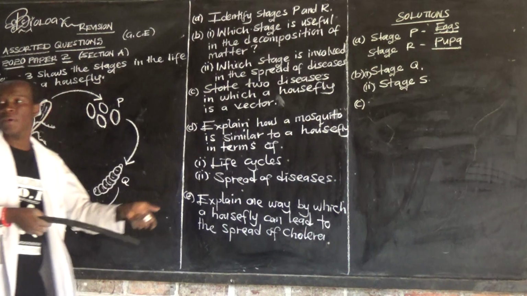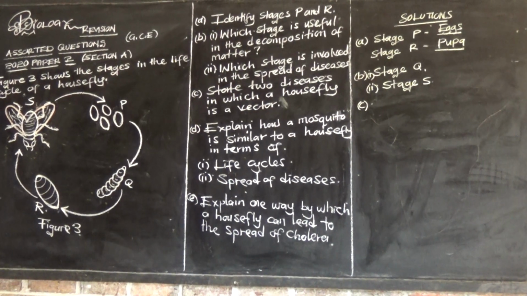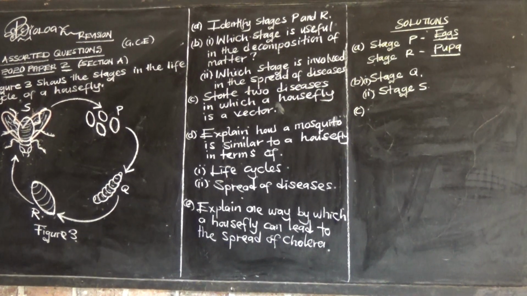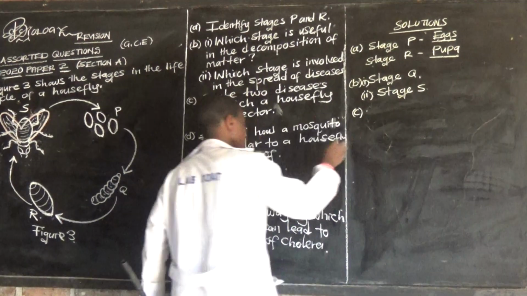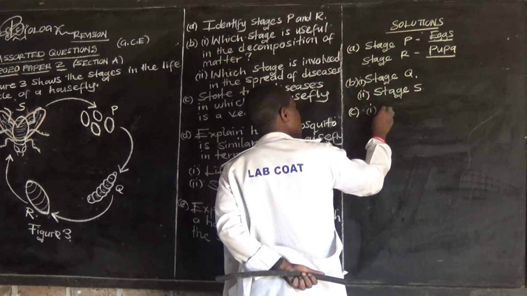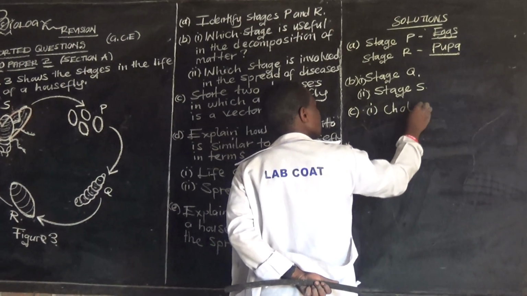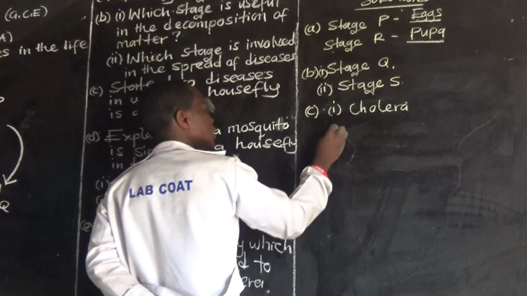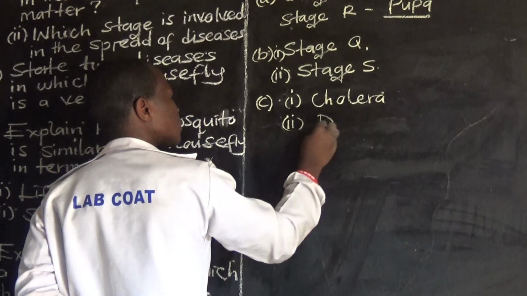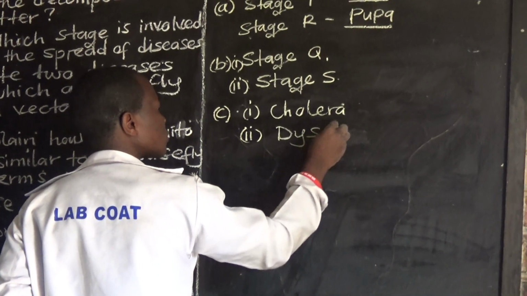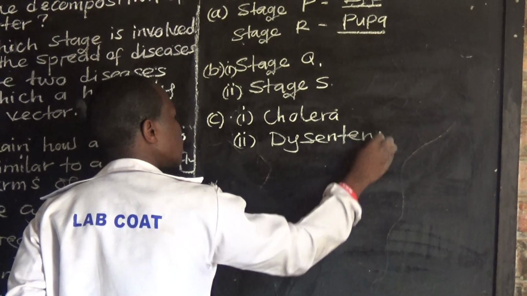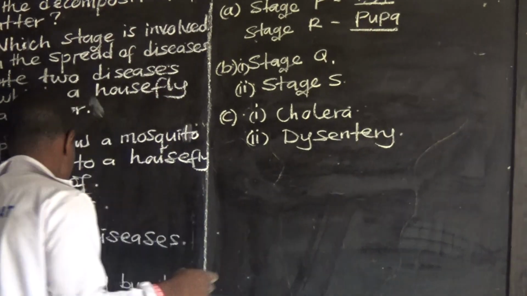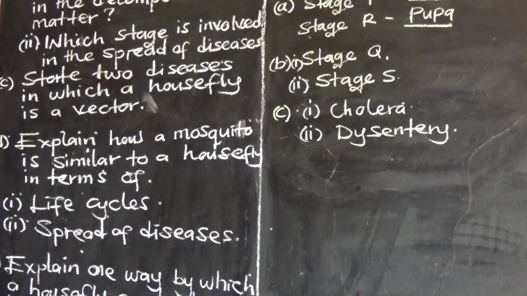So they want you to mention 2 diseases in which a housefly is a vector. Number 1, you can talk about cholera. You can talk about dysentery.